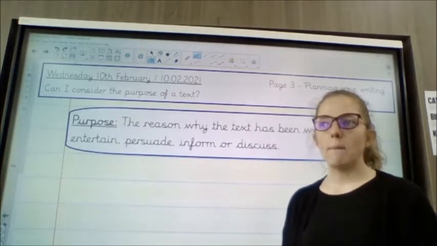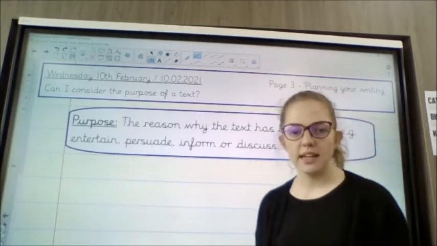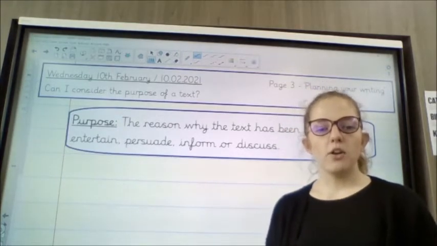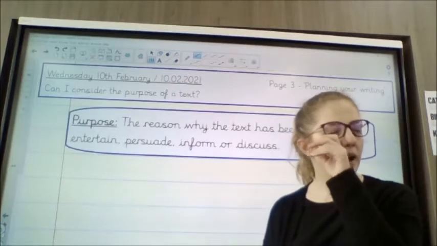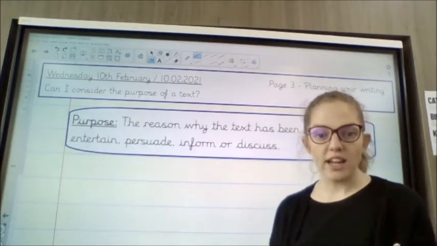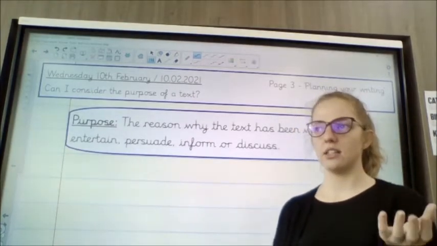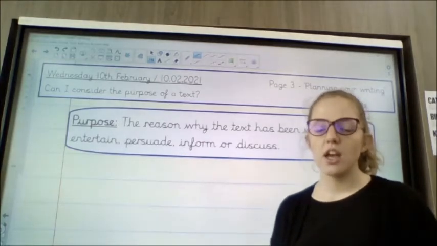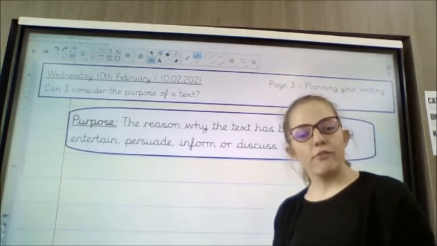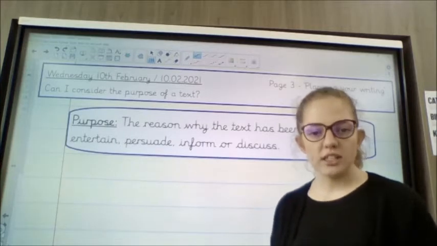To persuade, it could be an advert. You've all had a go at doing an advert. Another piece of persuasive text would perhaps be the letter that you wrote to the Grinch before Christmas about trying to not steal Christmas. You might be writing to inform, so that would be an information text.